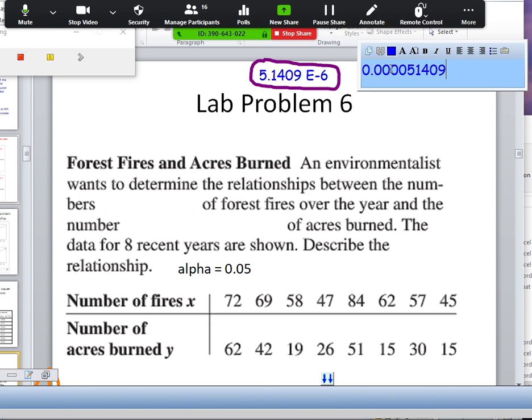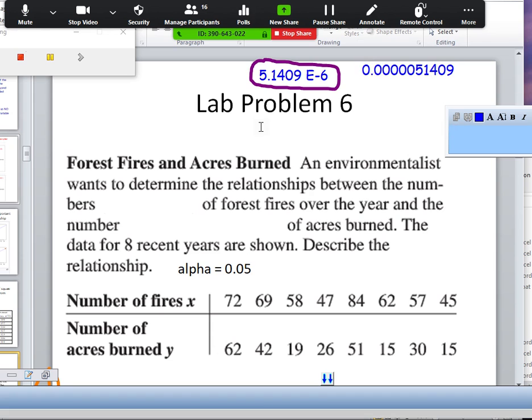So 1, 2, 3, 4, I need one more 0, 1, 2, 3, 4, 5, 6 zeros, and put the decimal point after the first 0. So that is much different than 5, right? I mean, these are the same digits, but this is much different than 5%, 500%. Thanks for pointing that out.